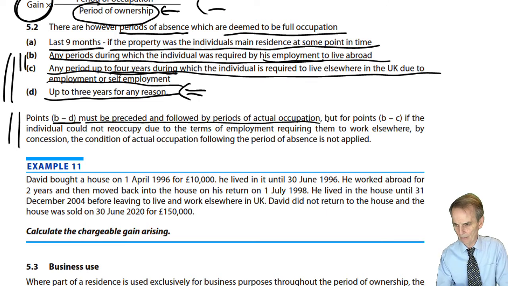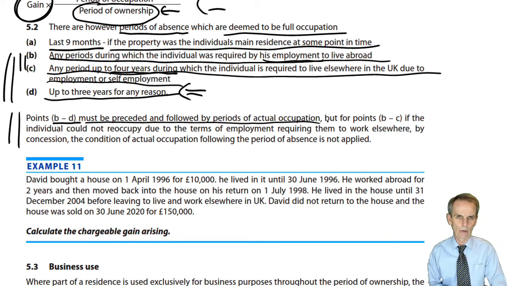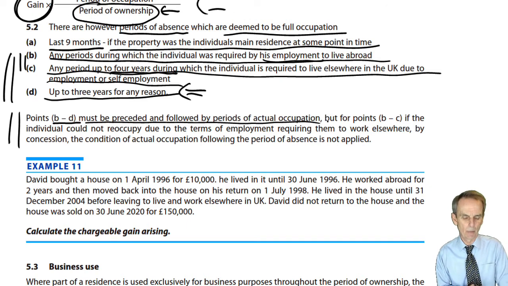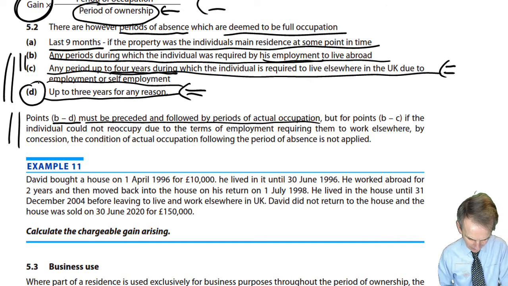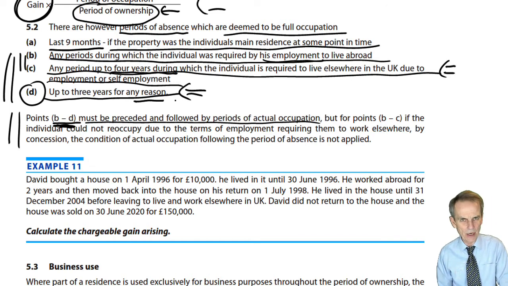I went from Birmingham to London for 5 years, lived in it before, lived in it after, I've got actual occupation. With the 5 years working in London, only 4 of those 5 years were going to be classified as deemed occupation under point C here. But that's where D comes in. Remember, this is points B to D. Up to 3 years for any reason.